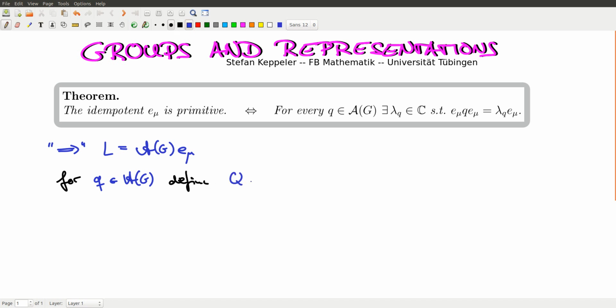Let's call it capital Q from the group algebra to the group algebra, and we define it like this. We say Q times R for any group algebra element R is R E mu Q E mu. So it's right multiplication with this product here. That's our linear map.